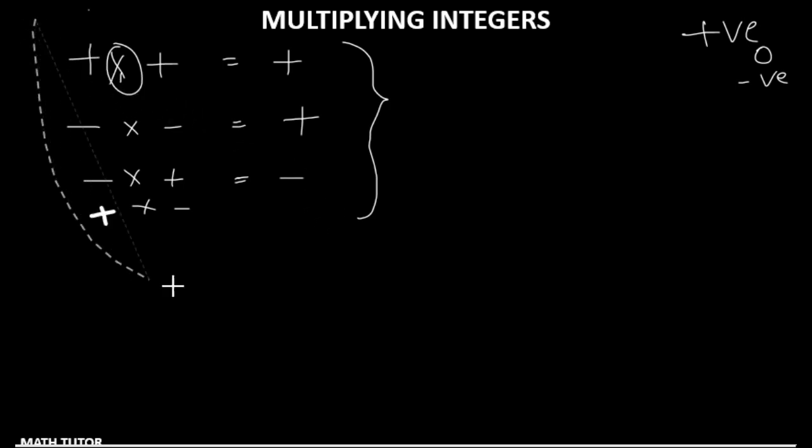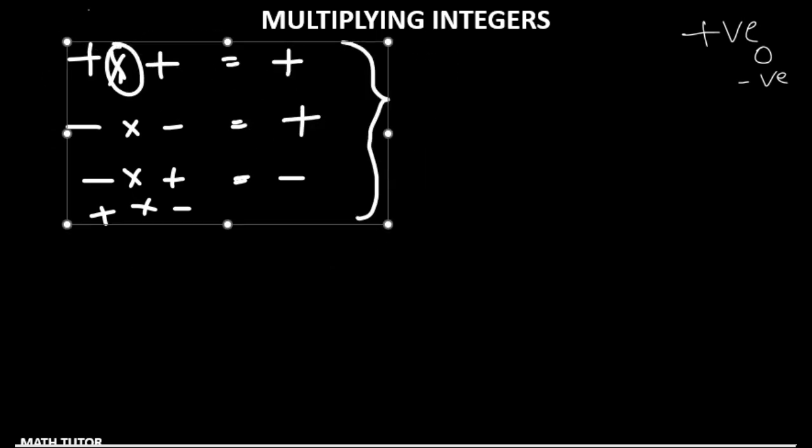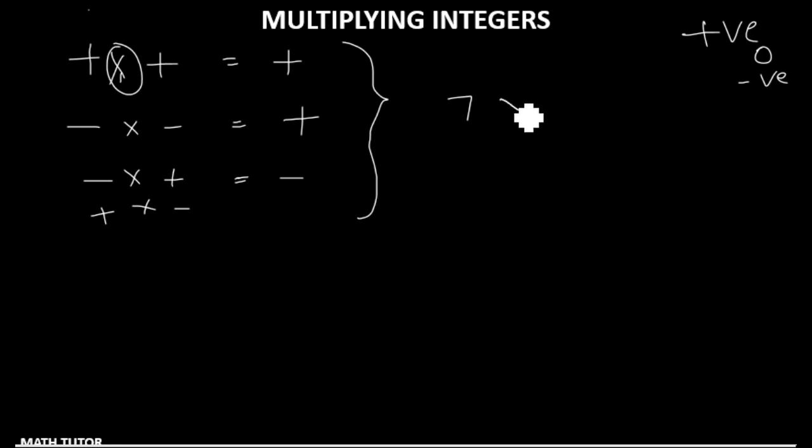Suppose I'm taking two integers, 7 and 3. 7 times 3, we all know the answer will be 21. Suppose I take minus 7 times minus 3, what will be the product?